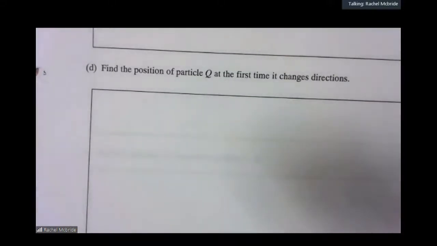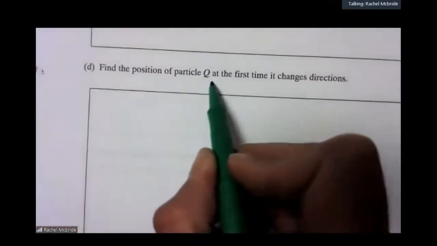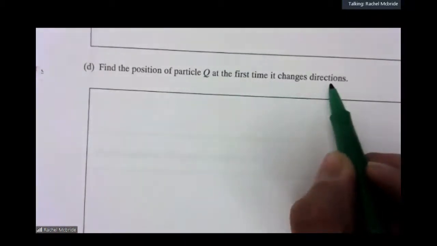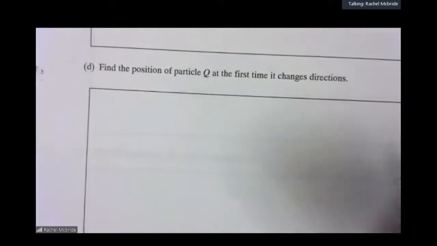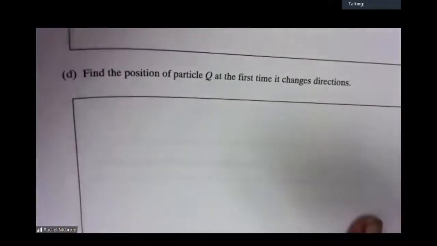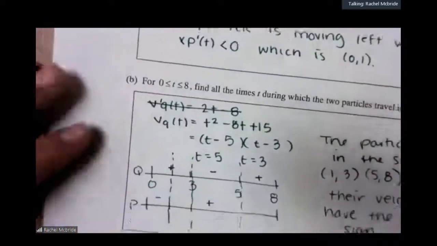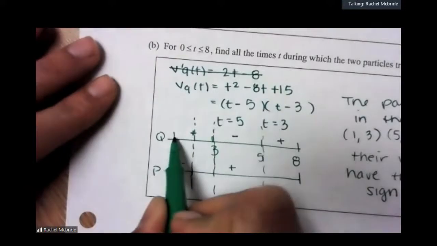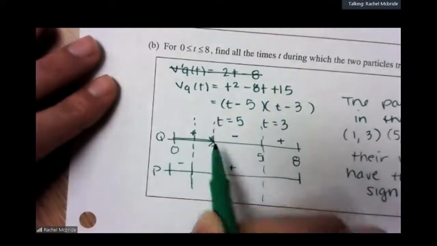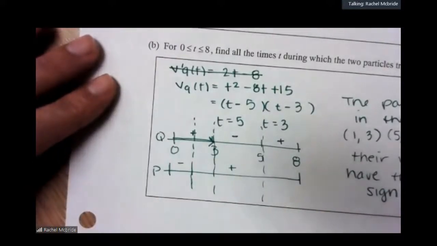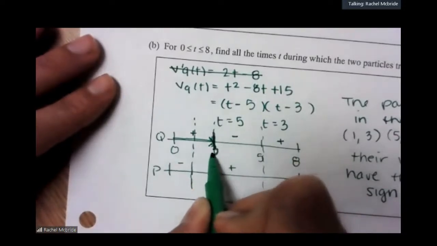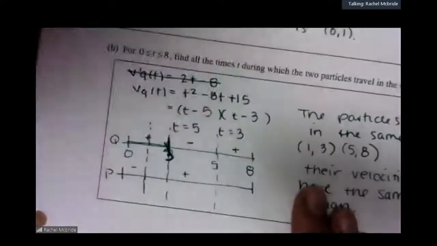Part D, find the position of particle Q at the first time it changes direction. So you go back to part B and you say, okay, particle Q was forward from 0 to 3. So the first time it changed direction was at 3 seconds.